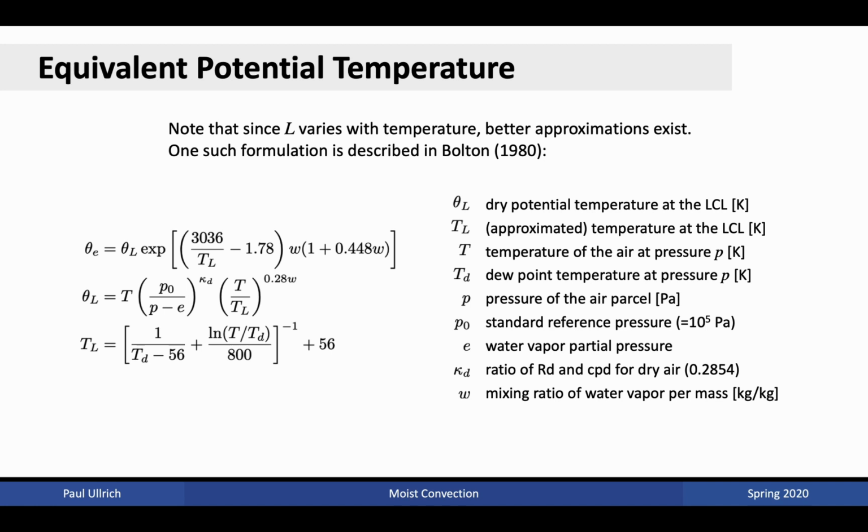Here, we can calculate the equivalent potential temperature in terms of the water vapor mixing ratio, the potential temperature at the lifting condensation level, as well as the temperature of the dew point at the lifting condensation level. I leave it to you in order to study this particular formula. Again, this is more useful if you need to have a very exact approximation for the equivalent potential temperature of a fluid parcel.